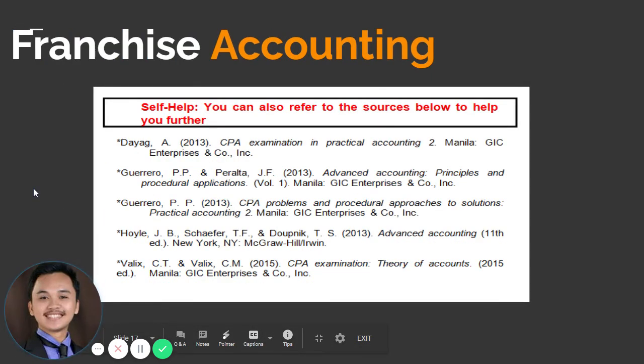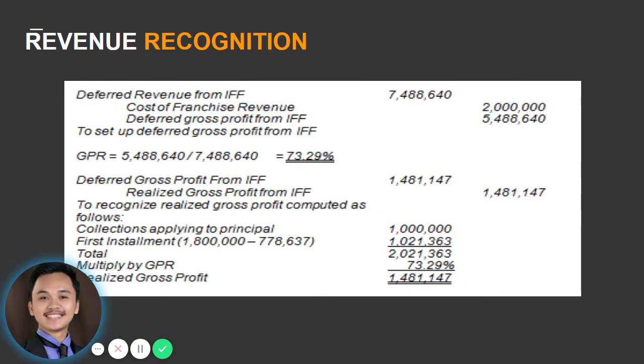So this time, let's compute for the net income, guys. So how much is our realized profit for this year? We have realized profit of 1,481,147 minus your total indirect cost of 50,000.